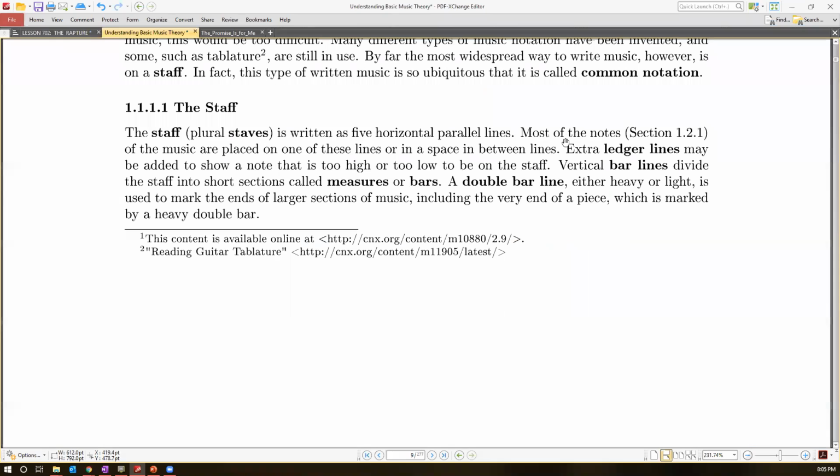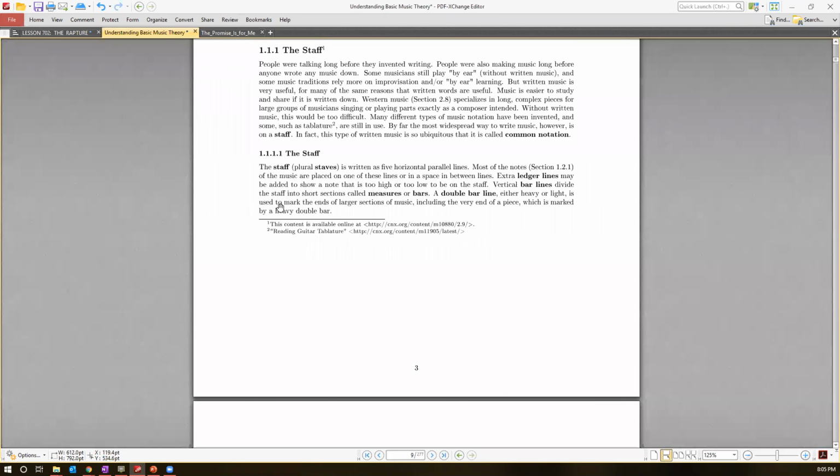Like we mentioned, vertical bar lines divide the staff into short sections called measures or bars. You need to know that. A double bar line, either heavy or light, is used to mark the ends of larger sections of music, including the very end of a piece, which is marked by a heavy double bar line.